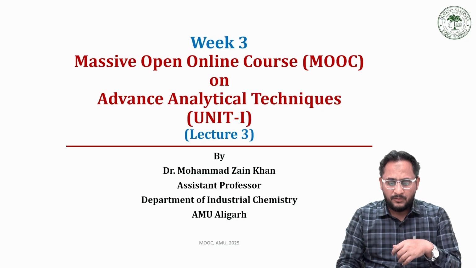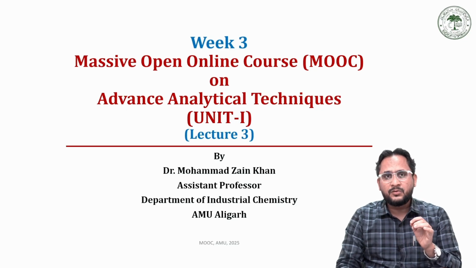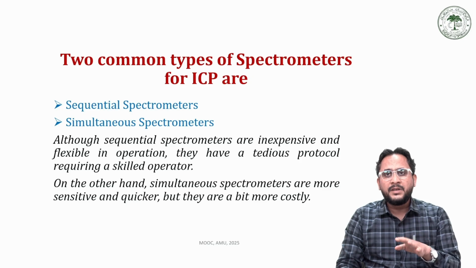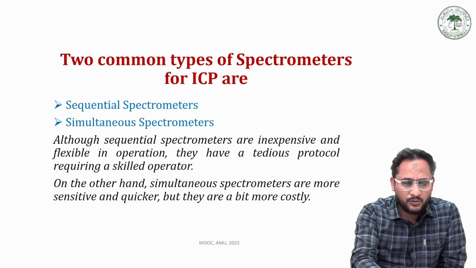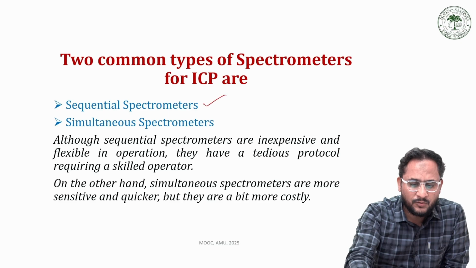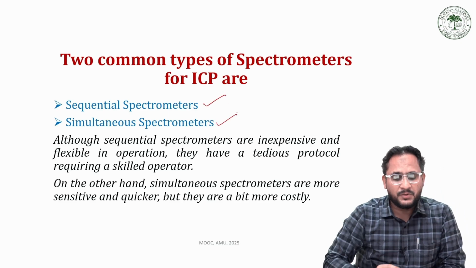Now we'll discuss the two common types of spectrometers that are used in atomic emission spectroscopy. These two spectrometers are called sequential spectrometers and simultaneous spectrometers.